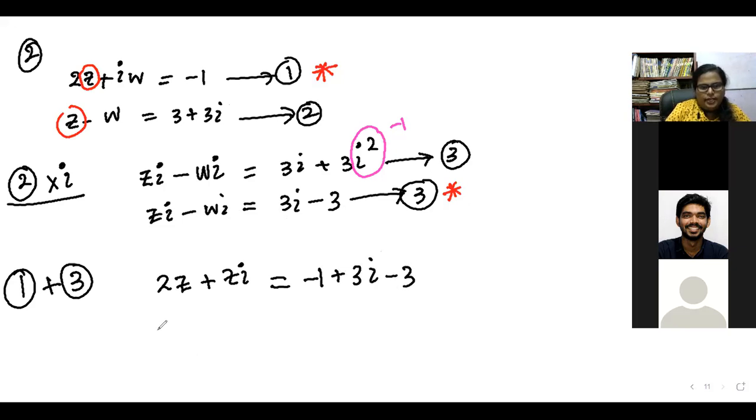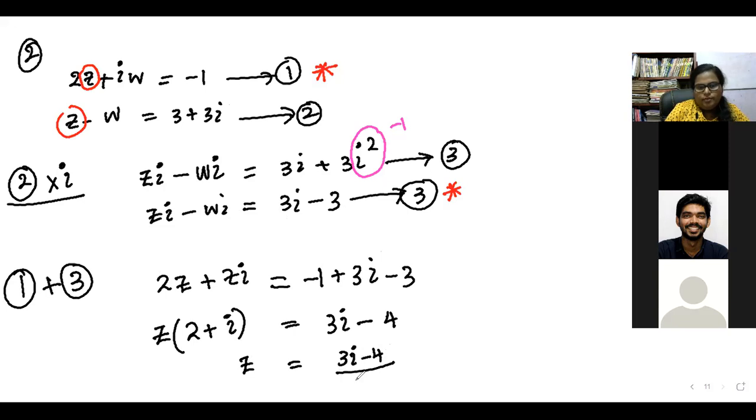So you have to find this z. We are writing this as 2 plus i, taking z as a common factor from the left-hand side, and we can simplify the right-hand side as 3i minus 4. Right, so we can solve for z as 3i minus 4 divided by 2 plus i.